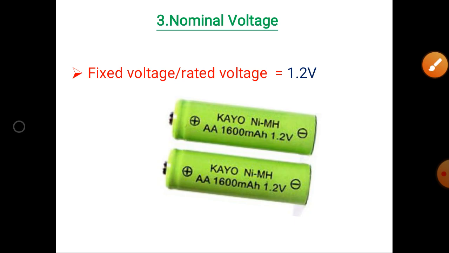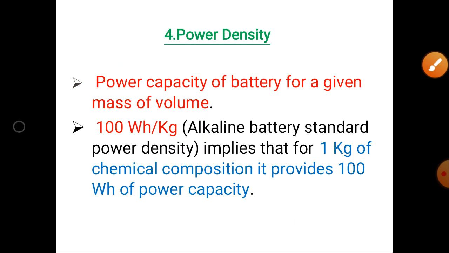Okay, so the next specification is the power density, right? The power density is the power capacity of the battery for a given mass or volume. I already said that a cell or battery is used to convert chemical energy into electrical energy, right? Inside the cell some chemical reaction occurs.